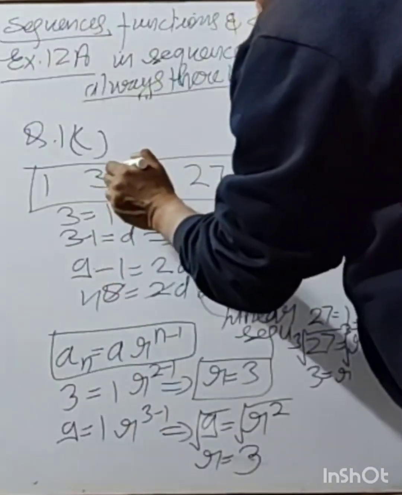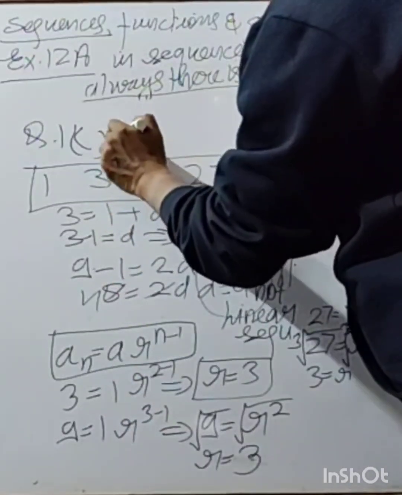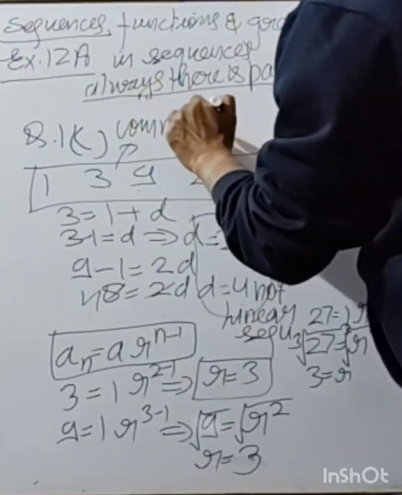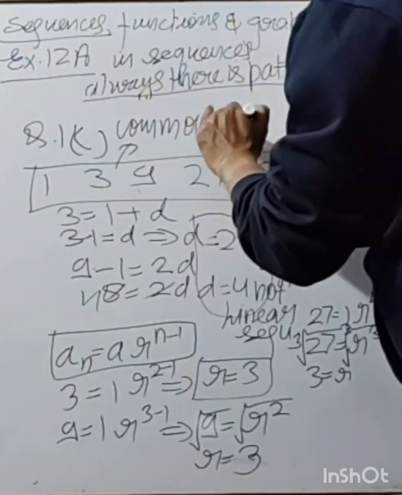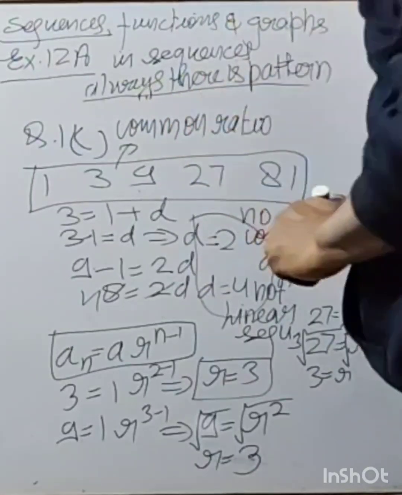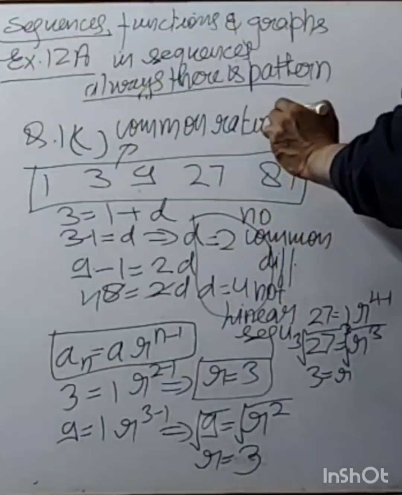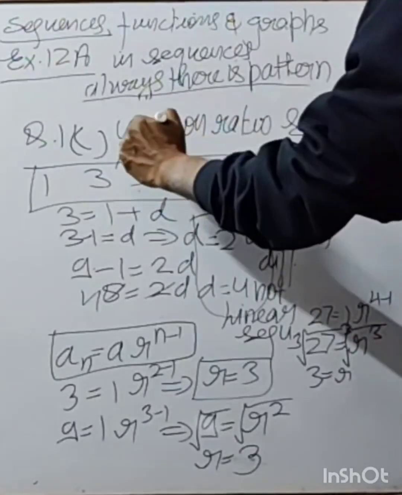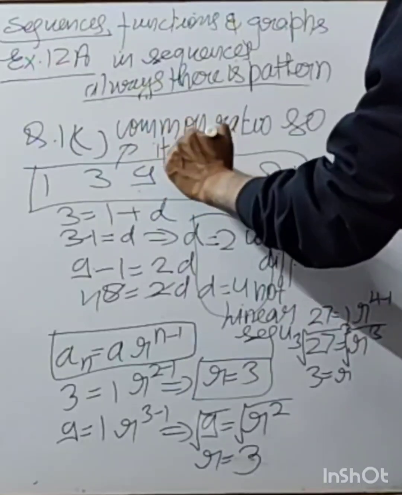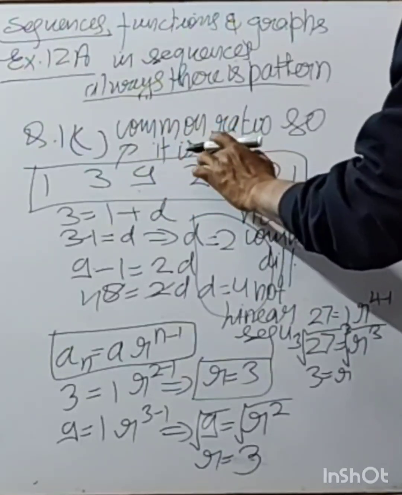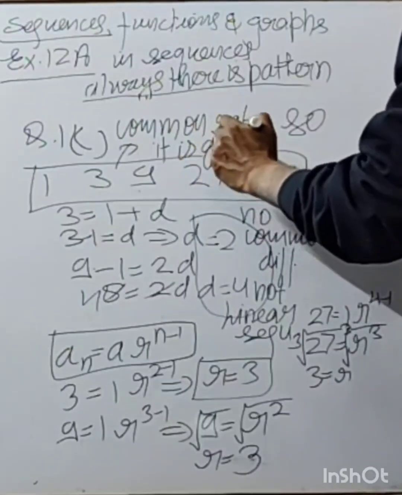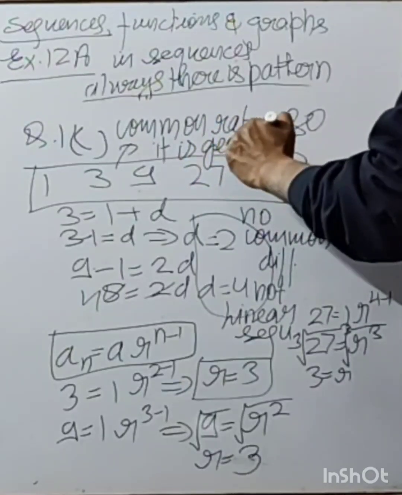So this sequence has a common ratio. It is a geometric sequence.